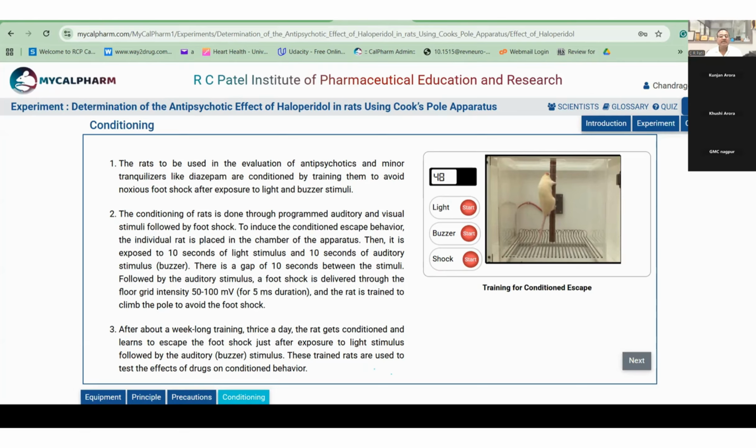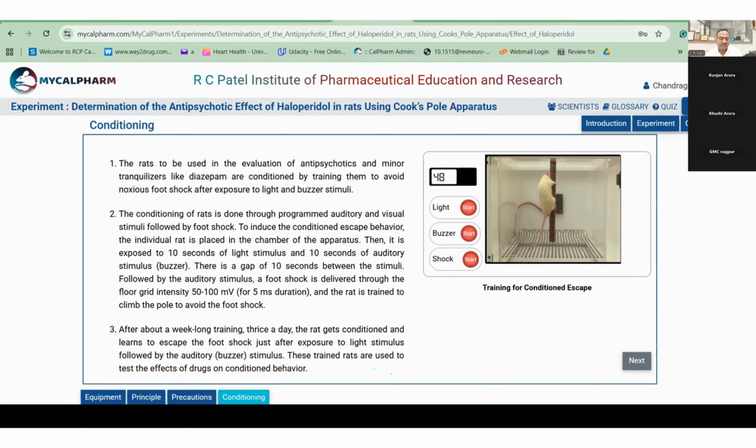So if you are teaching the pharmacology of antipsychotics, there we say that major tranquilizers selectively inhibit conditioned response. But just saying this, versus demonstrating the experiment like this to the students, has a vast difference in the level of assimilation of knowledge.